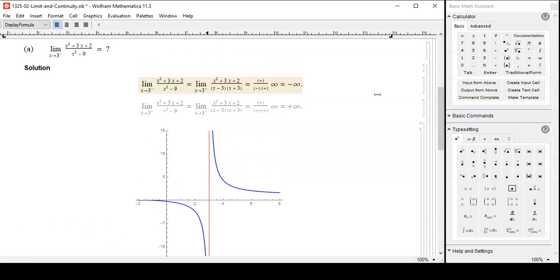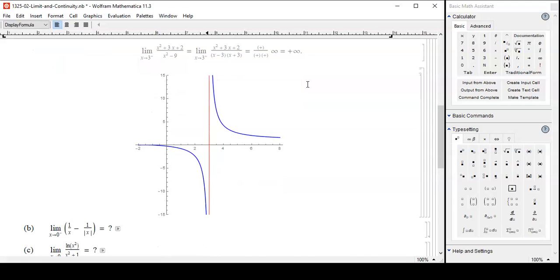Algebraically, it works like this. This is going to 20, and that's going to 6. Both are positive. And x minus 3, that's going to 0, but 0 minus, because this is 3 minus. Close to 0, but a little bit to the negative. So what do we have? Negative infinity. Hard to understand.